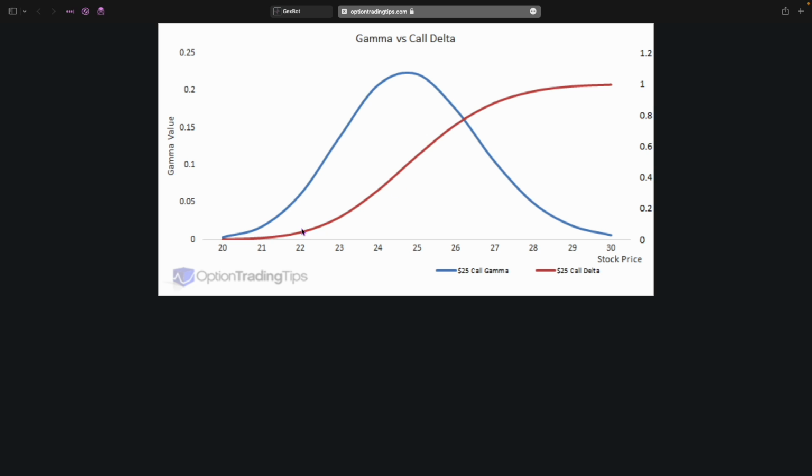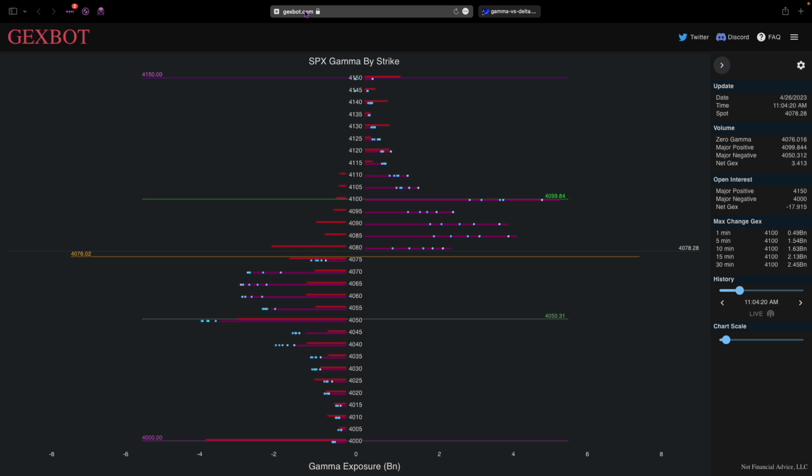And you can see that in this delta curve quite clearly, where the rate at which the delta is increasing is itself increasing until around here, and then all of a sudden it starts to taper off. So once we've already hit the 4100 strike, there is not as much of an incentive to push price beyond it, which is why these big gamma strikes tend to be quite sticky.